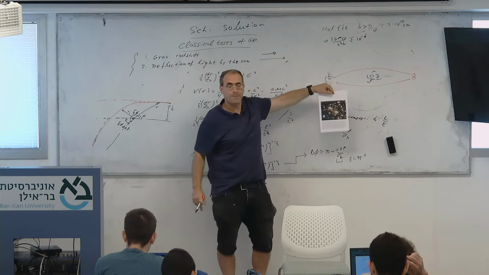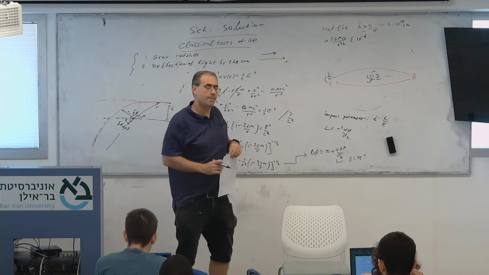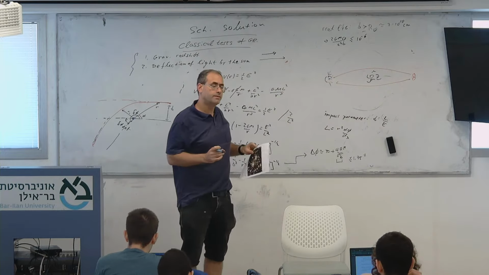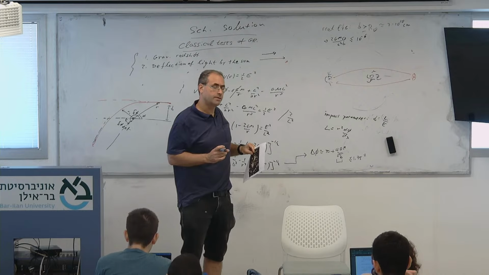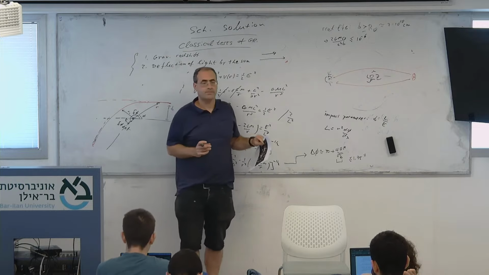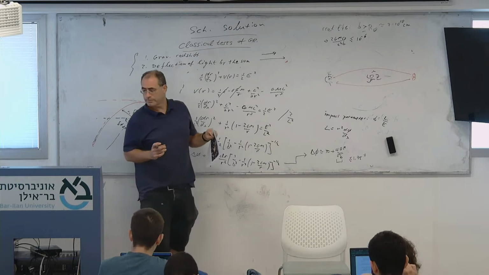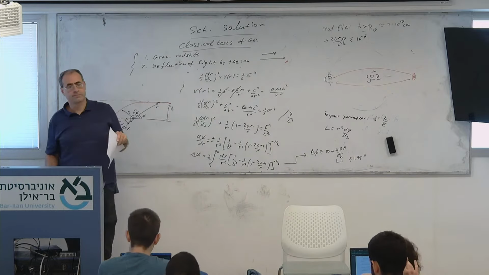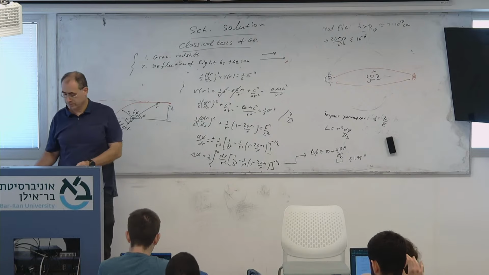Question. It's about something you said earlier about the way the sun bends light. If we look towards the sun, the light from the sun is more intense, so you need to wait for the solar eclipse, right?